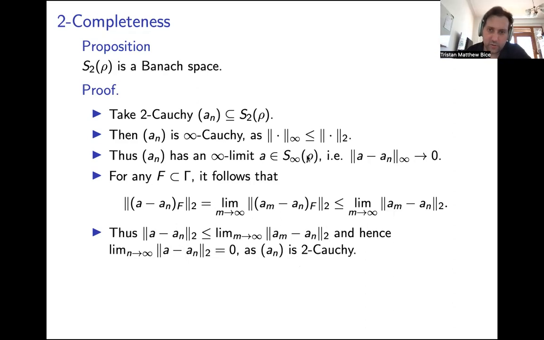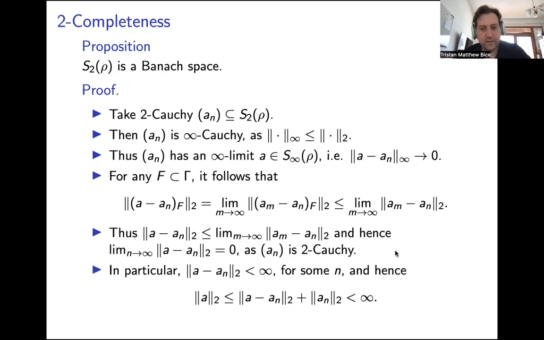Originally we only knew a as the infinity limit of a_n, but using this little trickery, we've been able to show that a is also the 2 limit of a_n. In particular, I can fix some almost arbitrary n such that this 2 norm is finite, and then use subadditivity to show that a itself is also within the subspace S_2, that it also has finite 2 norm.